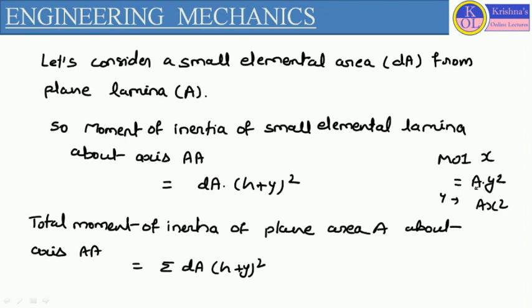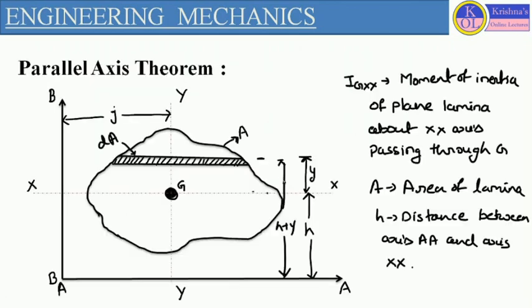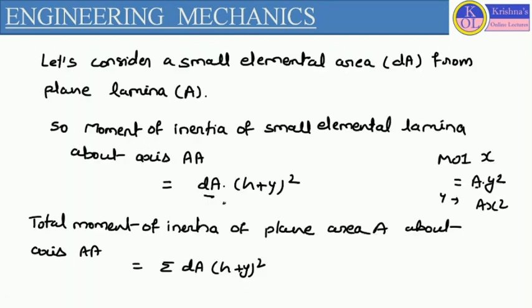So this is the product of area into perpendicular distance squared. So here the area for the small elemental section is dA, and it should be multiplied by the square of the perpendicular distance. Our reference axis is axis AA, so the distance between this elemental section and the axis AA is h plus y. So this moment of inertia about axis AA should be dA into (h plus y) squared.